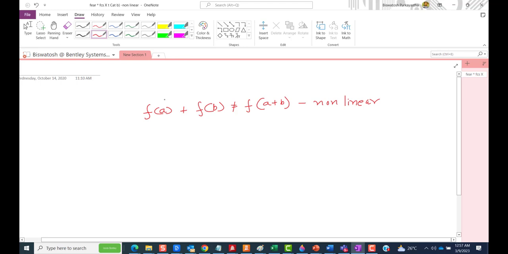Let A be a loading input, B a loading input, whatever is inside the bracket is a loading input, and the result of this function is a response like forces, reactions, or displacement.